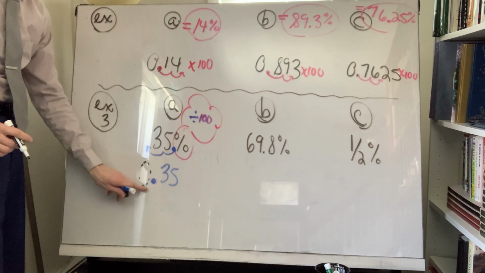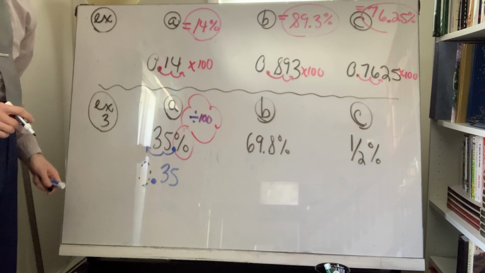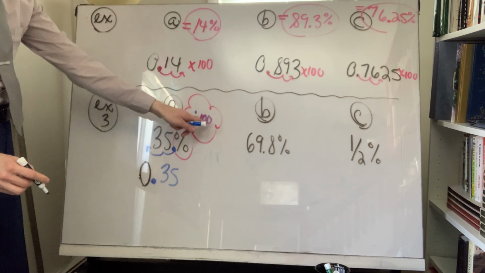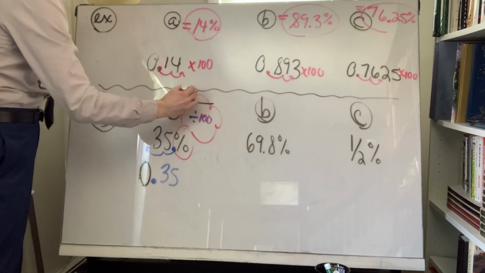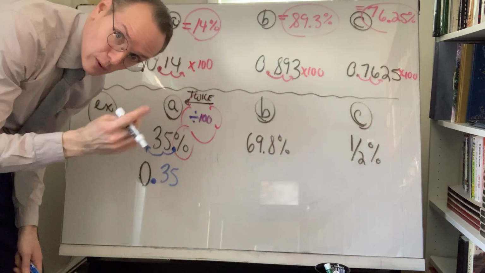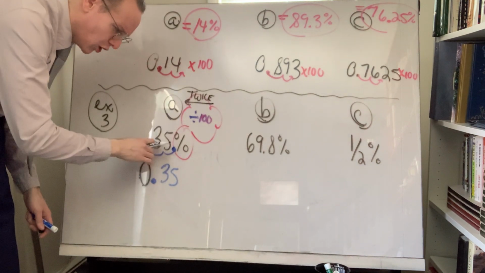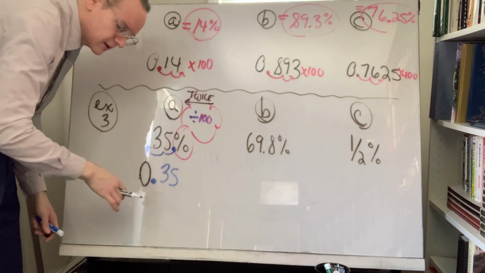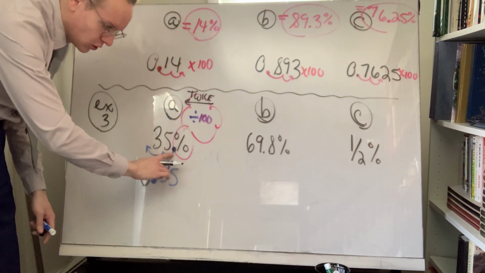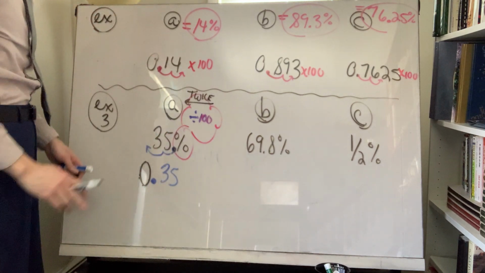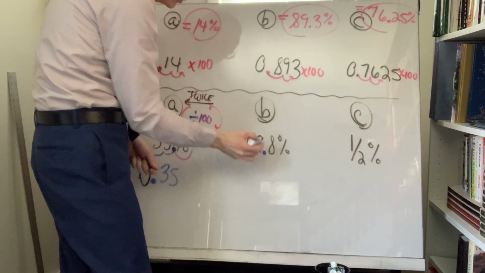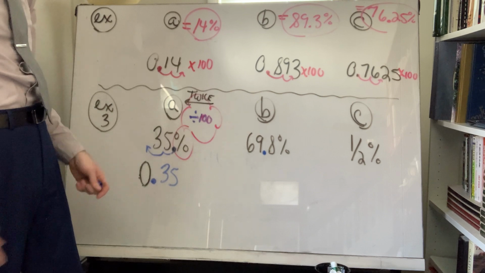You could put the 0 there, or you could just have 0.35, technically speaking. Divide by 100, you move twice to the left. The hard part is trying to identify where the point is to begin with. If you have a whole percentage, it should be there to start with, even if it's not written. This one is more obvious. They told you where it is because it was a decimal style percentage to begin with.